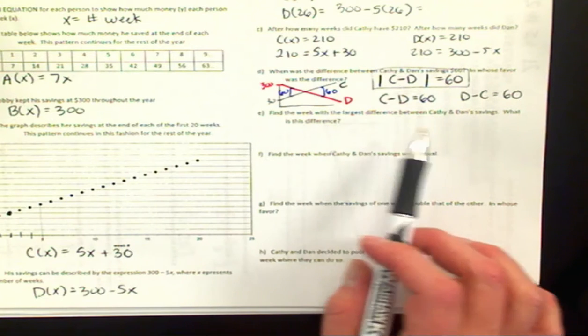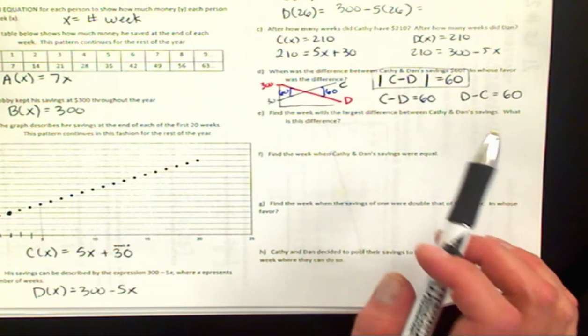Find the week with the largest difference between Kathy and Dan. Okay, I have a little sketch up here. Yes? When I tried to solve for those two, I just got like 30 plus 300 or something like that. Wait, 30? You should not have lost your x's because they distribute your negative. You should end up with 10x.